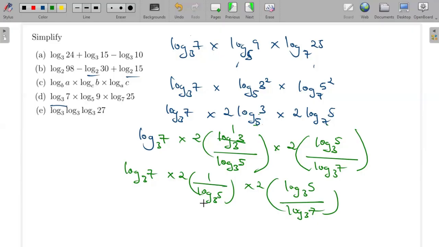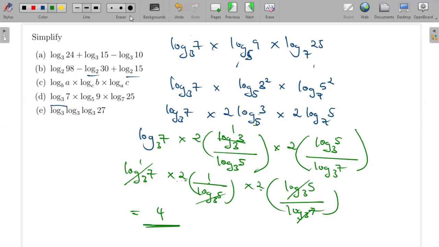Look, this log 3 of 5 and that one there divide, and this log 3 of 7 and that log 3 of 7 divide, and you just have the 2s remaining. So you have 2 multiplied by 1, which is 2, and then 2 multiplied by the 2 there gives you 4. So that is the value for this log.